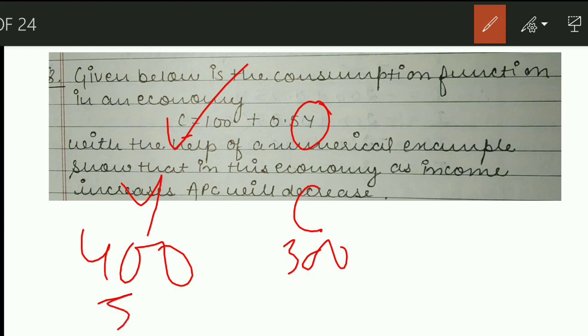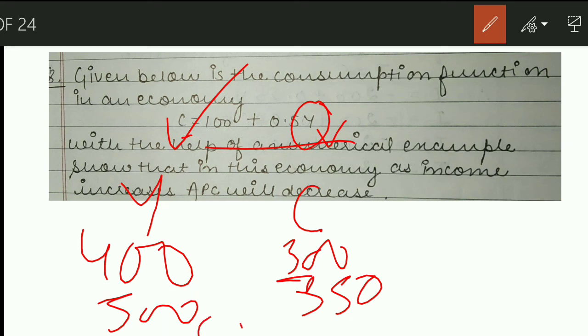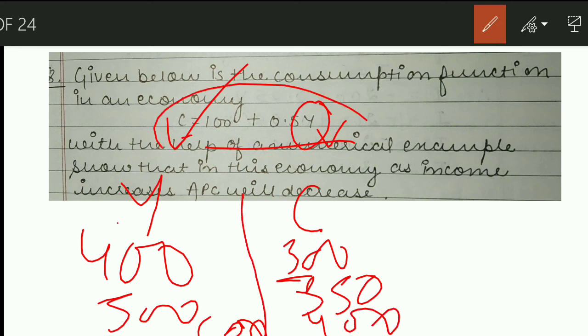So the consumption that you will get will be 300, right? Again you will put the next value, suppose 500, and you will get the value of consumption as 350, right? Similarly, if you put income over here as 600, then you will get the value as 400. So put various values of income, put them in this equation, and you will get various consumption, right?